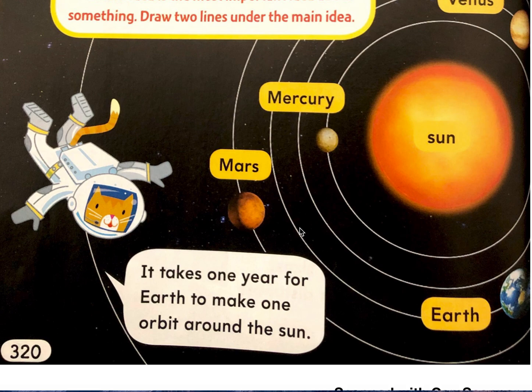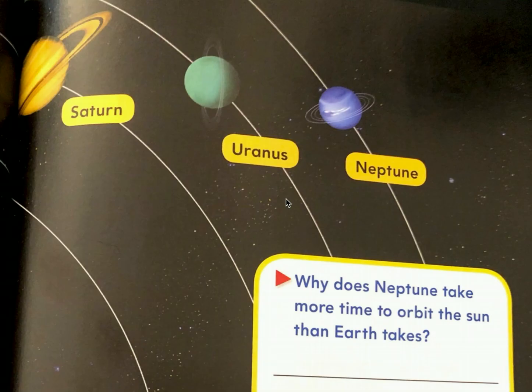Do you remember what that special year with 366 days is called? That's right, it's a leap year. So every 4 years we have a leap year because the Earth takes 365 and 1/4 days to make its trip around the sun.